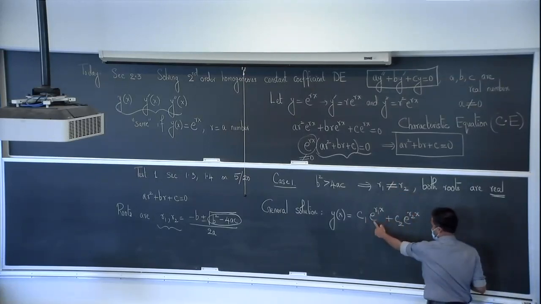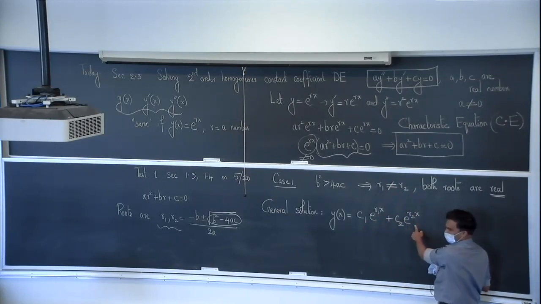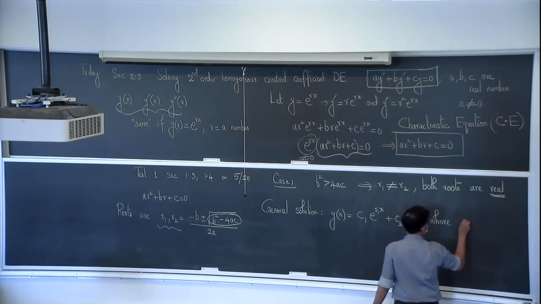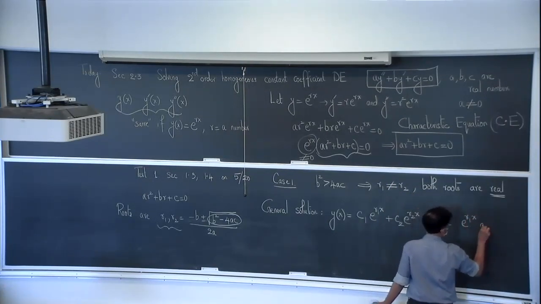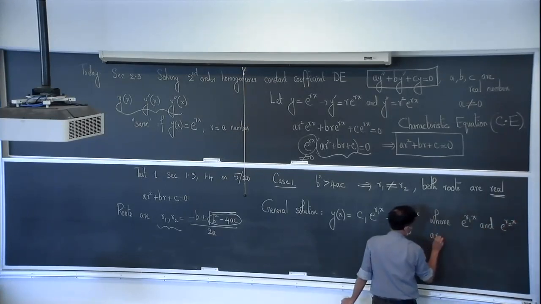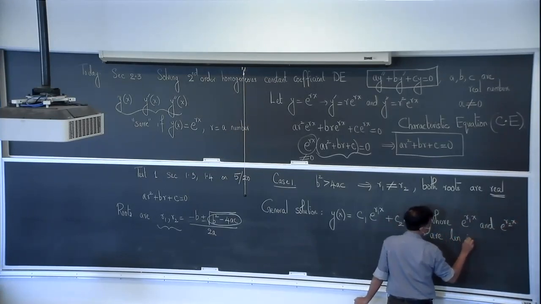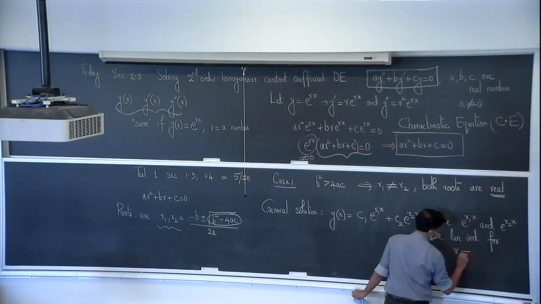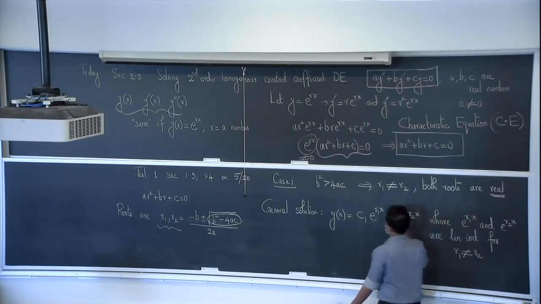So we have two linearly independent functions here, e to the power of r1x and e to the power of r2x, which are linearly independent for r1 not equal to r2, which is already the case here.